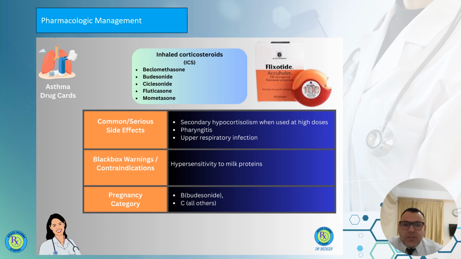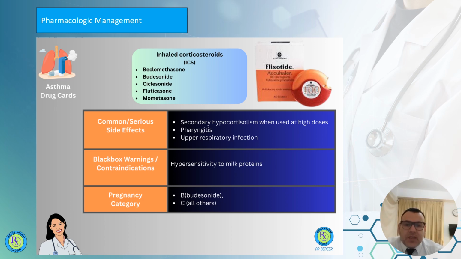Examples are beclomethasone, budesonide, ciclesonide, fluticasone, and mometasone. The side effects are, as we mentioned, oral thrush, where the patient will have oral candidiasis because they depress the immunity in the mouth, they kill the bacteria and increase overgrowth of candida, so the patient needs to rinse his mouth after using.